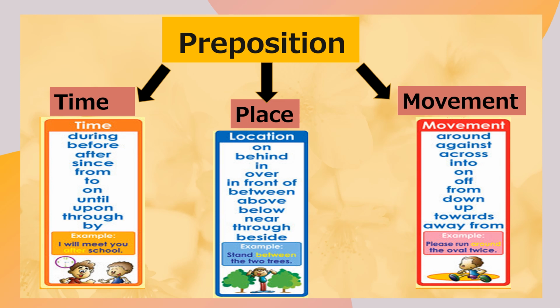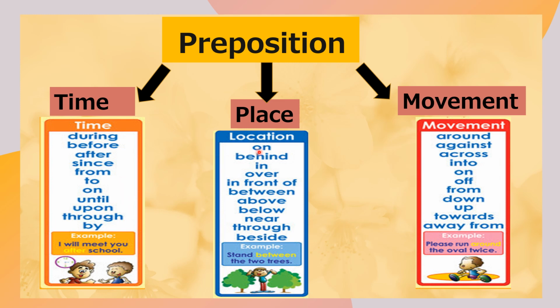Now we will discuss different kinds of prepositions: preposition of time, preposition of place, which is also called location, and preposition of movement, which also includes preposition of direction. Prepositions of time include during, before, after, since, from, to, on, and many more.